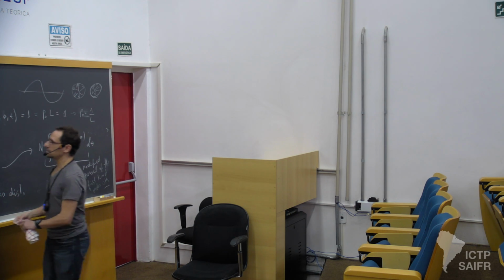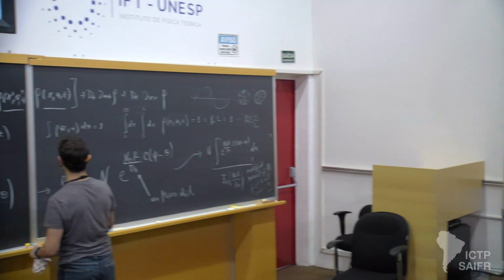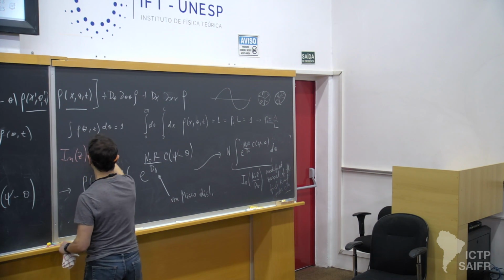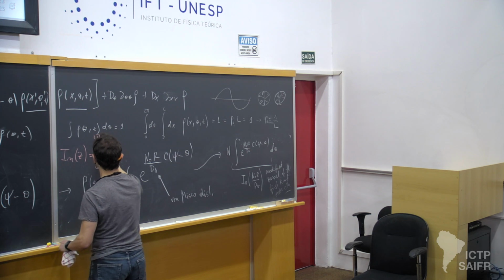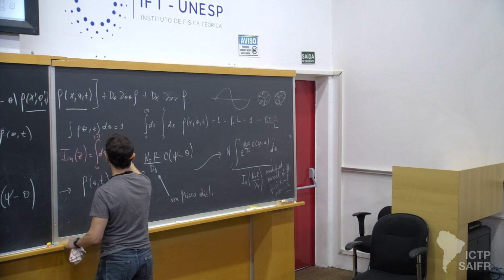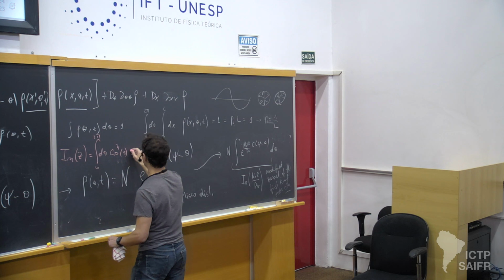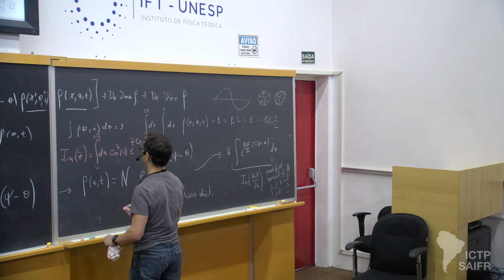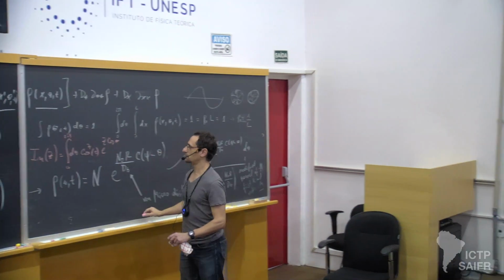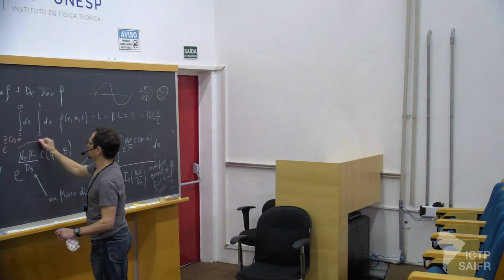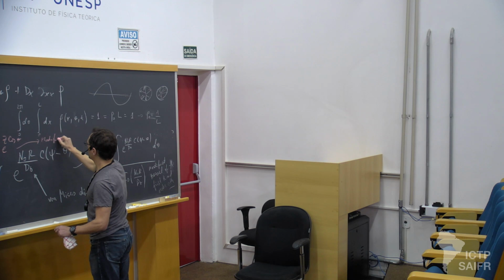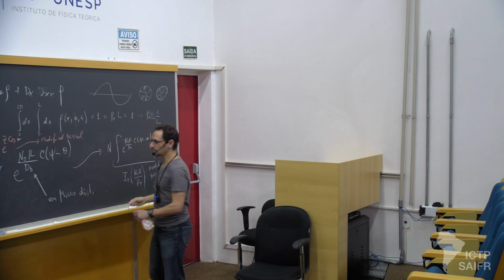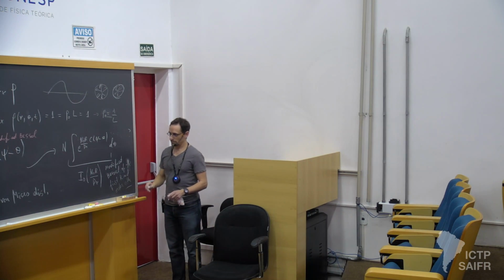So that thing is, if I remember correctly, this. You check. This is modified Bessel, of the first kind, and this thing. So, fine.